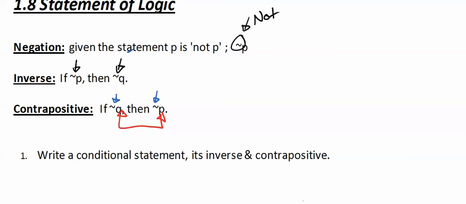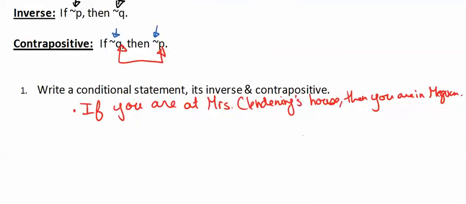Take a minute and write a conditional statement. Pause the video and then write its inverse, then its contrapositive. The conditional statement that I used is, if you are at Mrs. Clendening's house, then you are in Mequon. This would be a true statement, since I do live in Mequon.